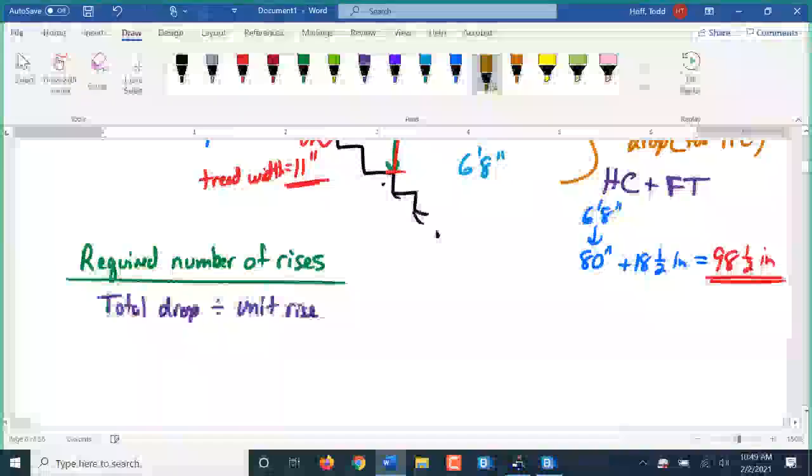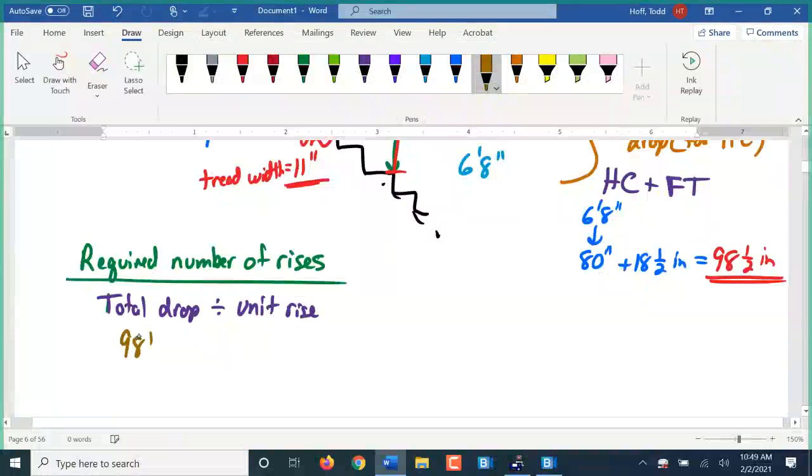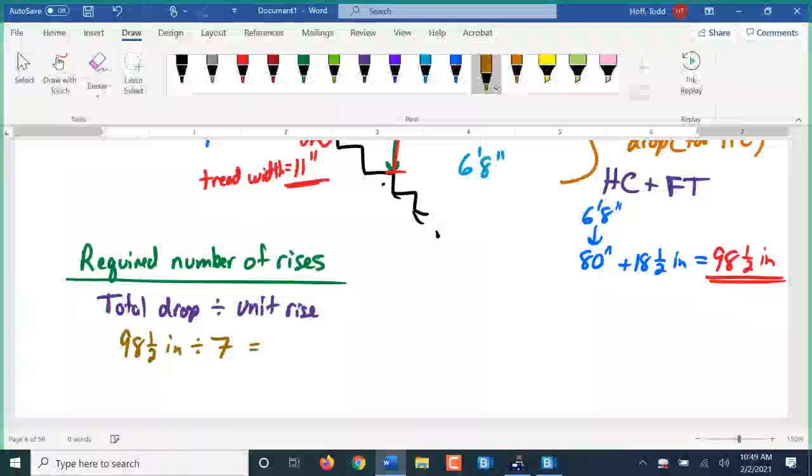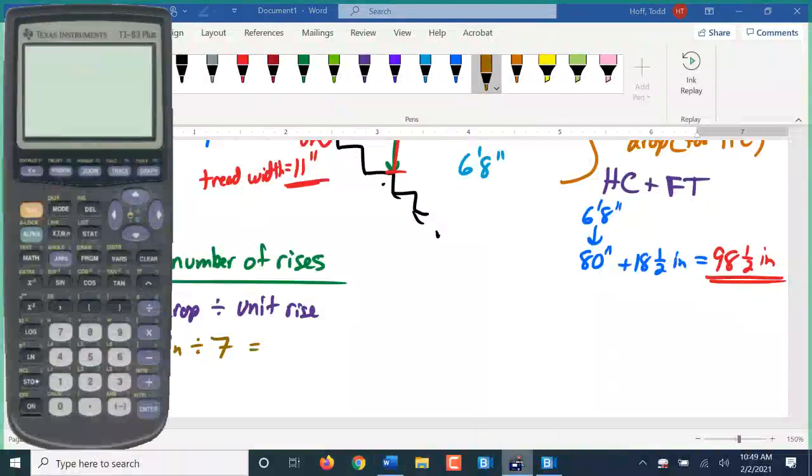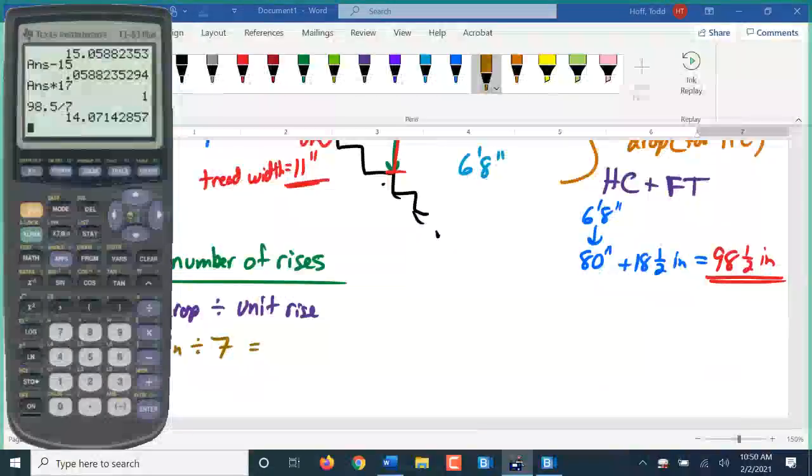So here that's going to be 98.5 divided by 7. Now this is going to come out painfully close to perfect. 98.5 divided by 7 is going to give us 14.071428571.